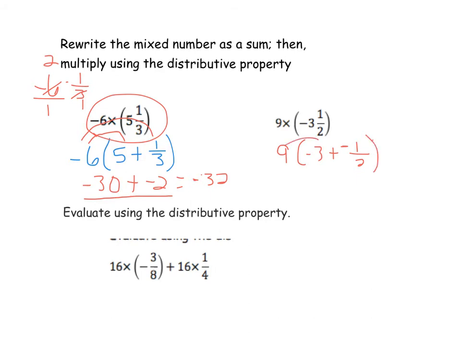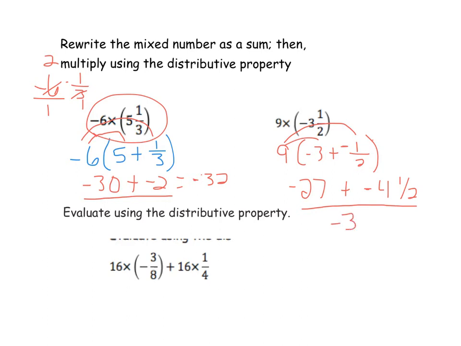So now I have -27. Remember, positive times a negative is a negative. And 9 times -1/2 is a -9/2, which is -4.5.